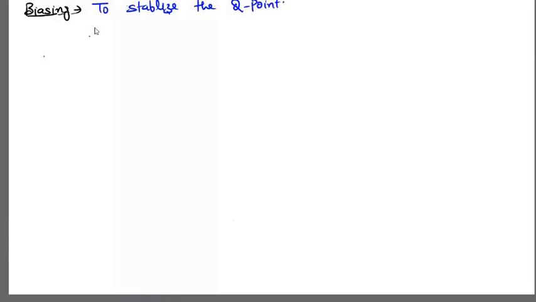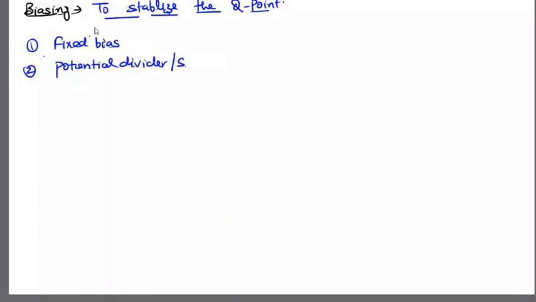Number one, fixed bias. Second one, potential divider bias, also called self bias. And third one, collector to base bias. Fine, there are three types of biasing, and here I will explain the first one, the fixed bias.